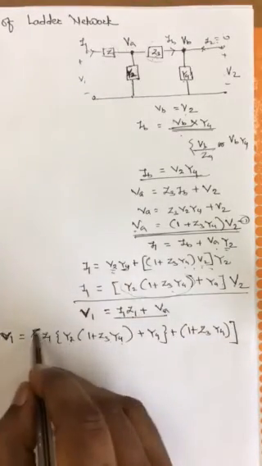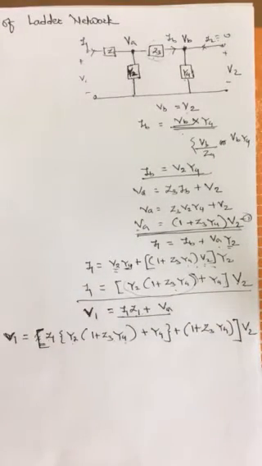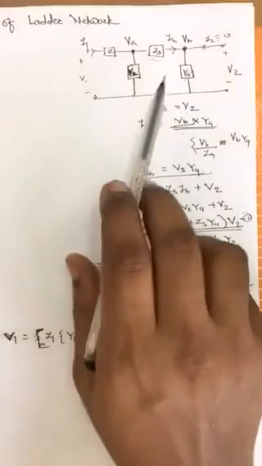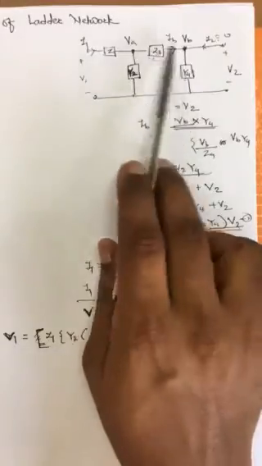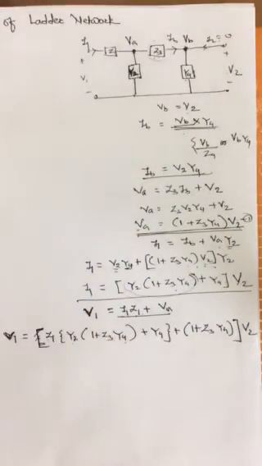V2 we will take outside because V2 is there in both terms, so we take V2 common. Okay, you got the expression? This is how we can analyze the network. If we have any particular network given like this, we start from the right and move to the left till we get all the quantities.